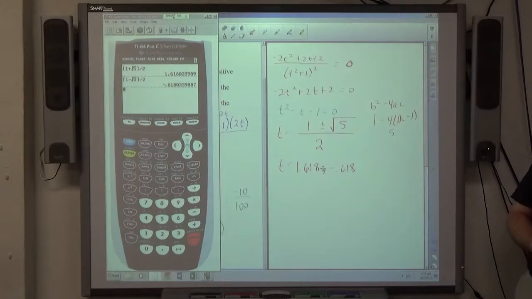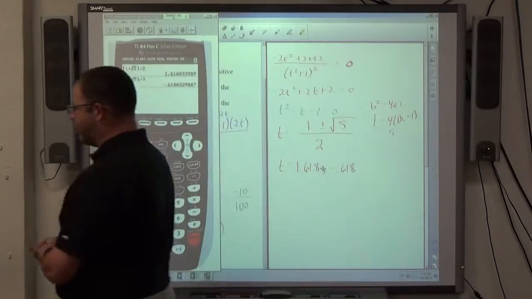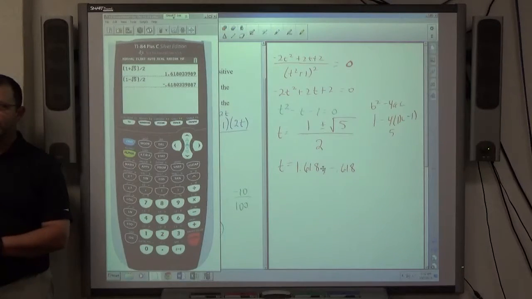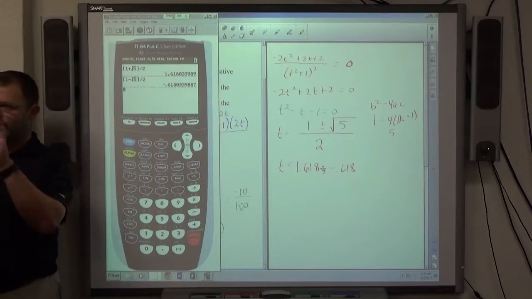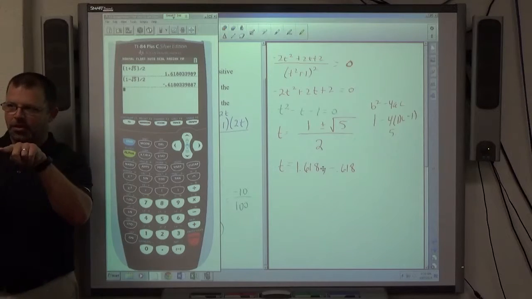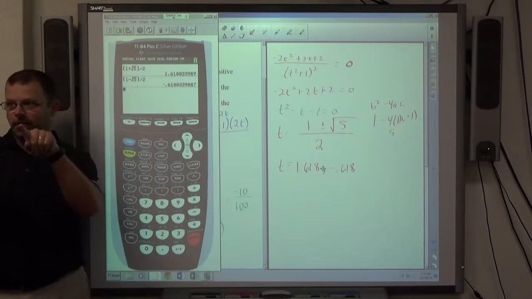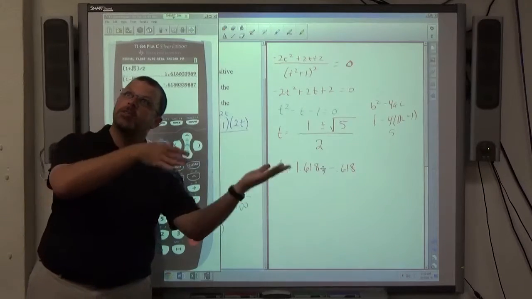1 plus the square root of 5 over 2 is called the golden ratio. It's a magical number out there. Have you heard of a Fibonacci sequence? You take the first two numbers, let's say 1 and 1, add them up, next number is 2, then 2 and 1 make 3, 2 and 3 make 5, 3 and 5 make 8, 5 and 8 make 13, 8 and 13 make 21.